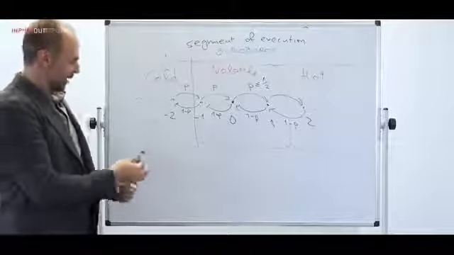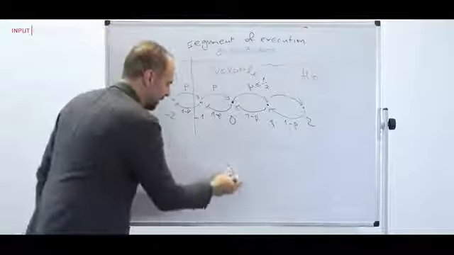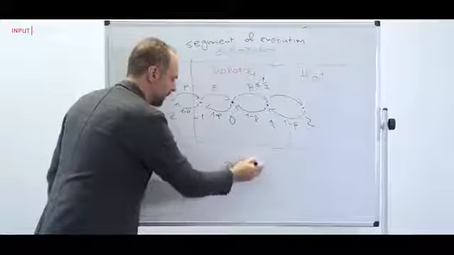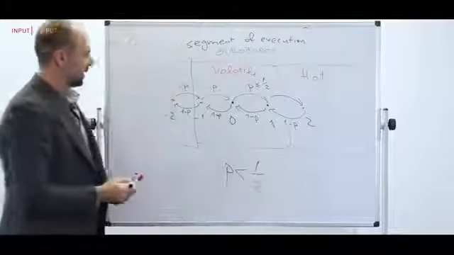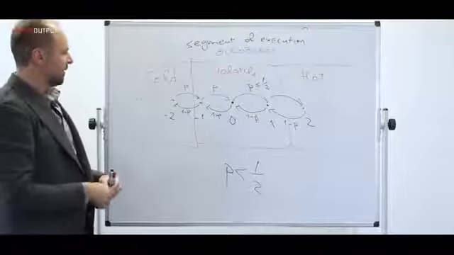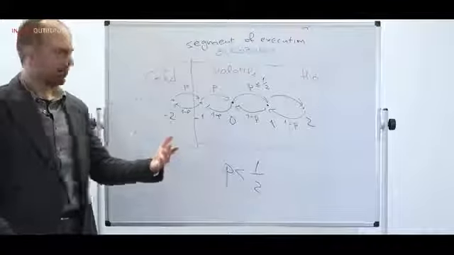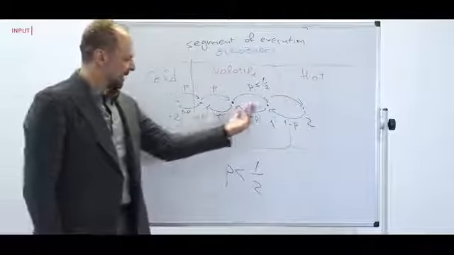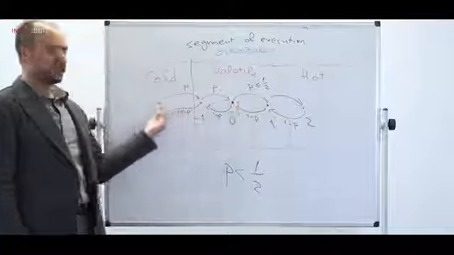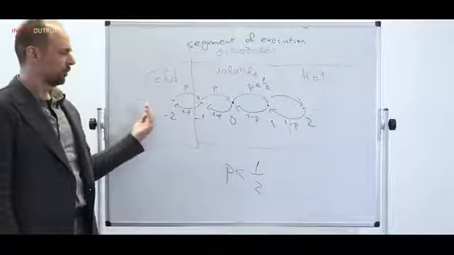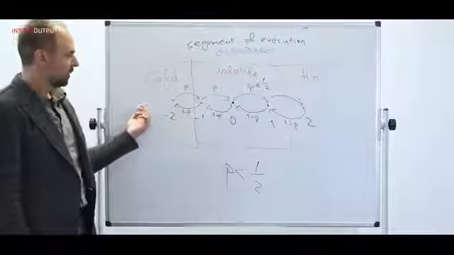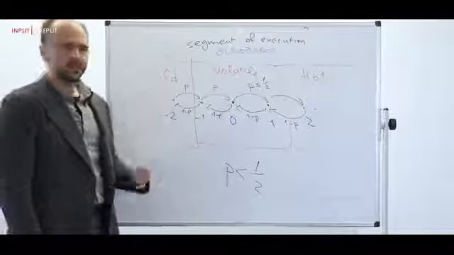Now, it's possible to make an argument and say that if the probability is strictly less than 1/2, then what happens, as you observe, is that the random walk will have a tendency to go left, into the cold territory. And that is indeed the case.